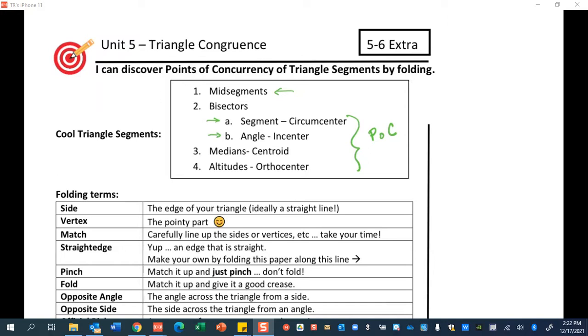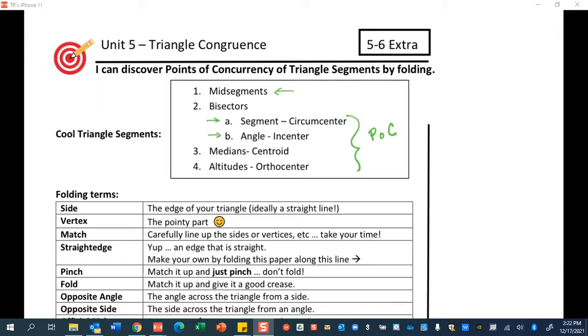So we want to make sure that you have all of the notes necessary. We're going to be talking about each of the triangle segments. There are 5 of them. And as we talk about them, I want you taking notes on your triangle and on this white piece of paper.